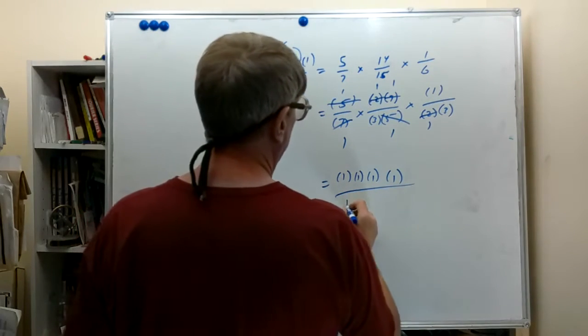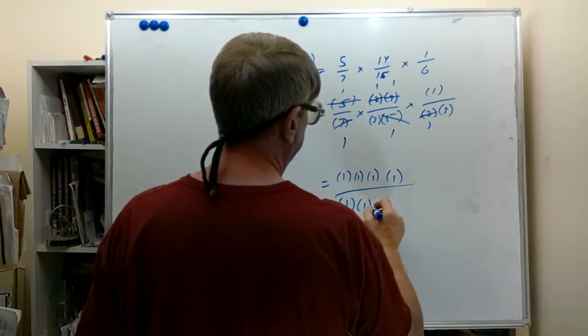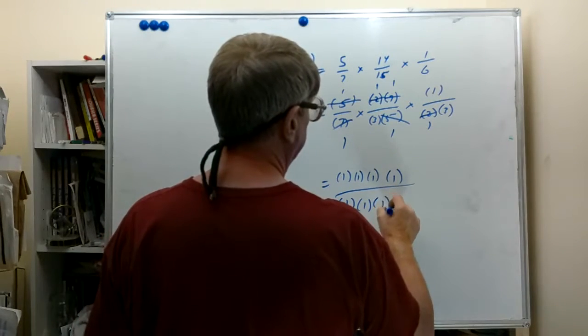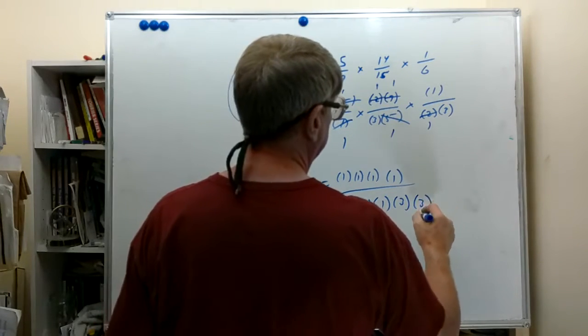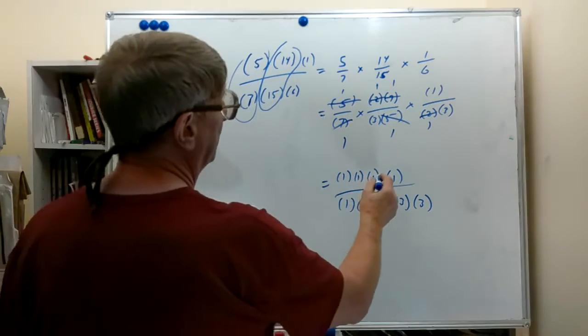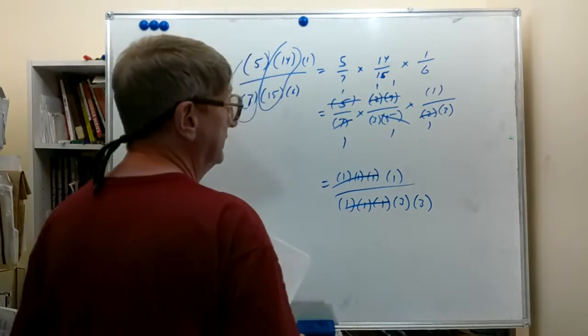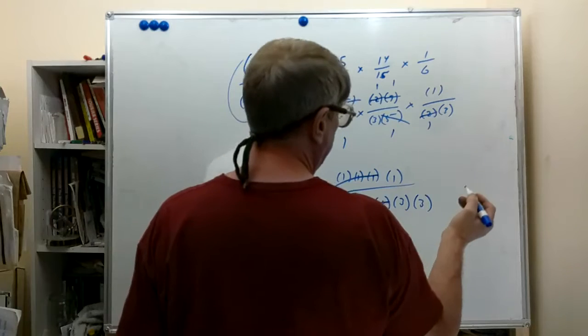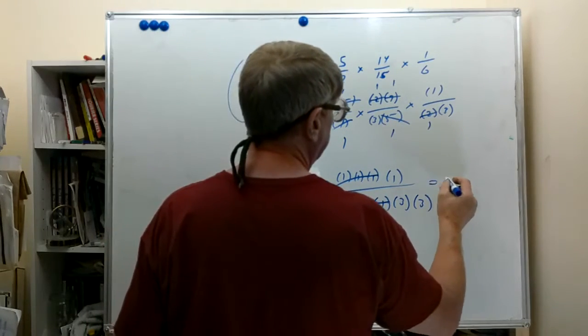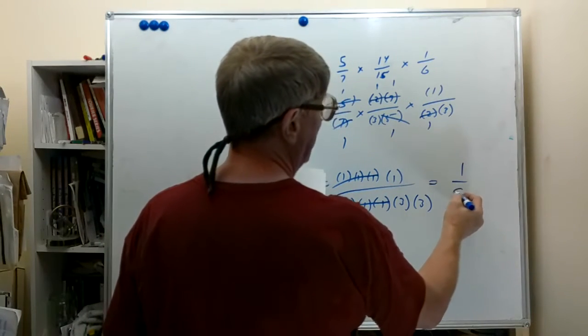On the denominator we have 1 times 1 times 1 times 3 times 3. We can throw away all these 1s, but we got to have at least a 1 in the numerator. What's that leave us? 1 times 3 times 3, 1/9.